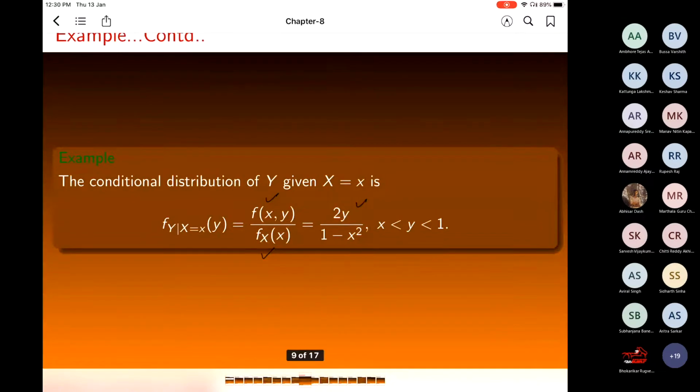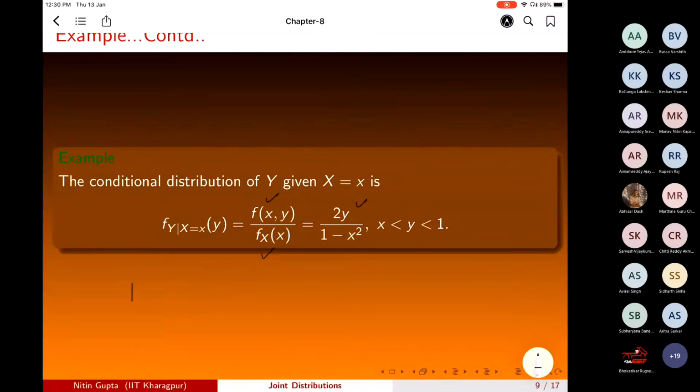Sir, can we use this conditional distribution to directly find the conditional probability? No, you have to find out the probability basically.